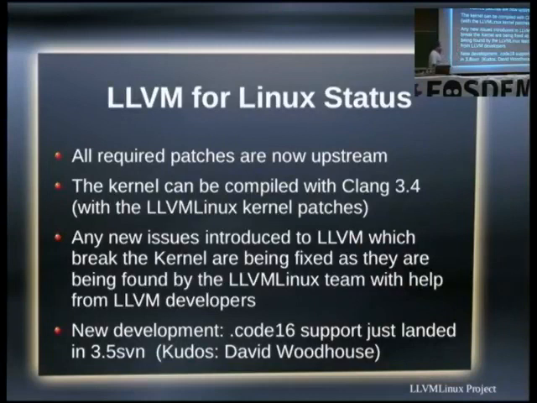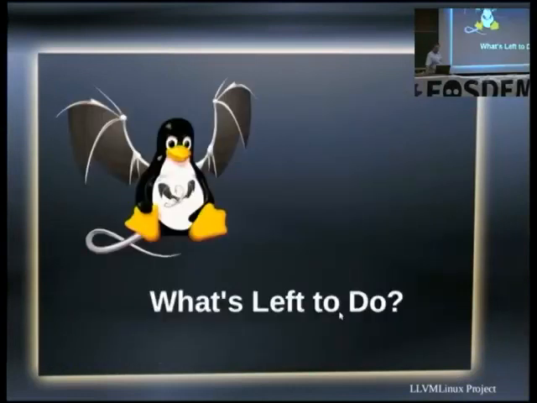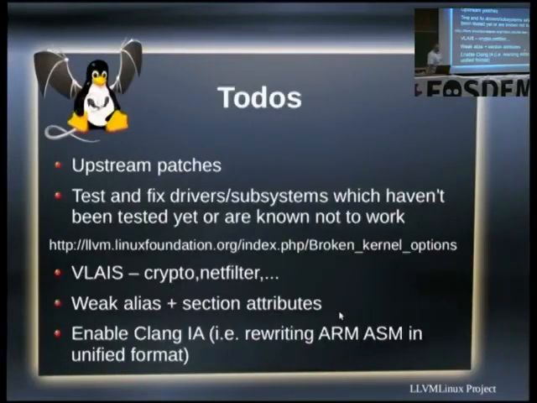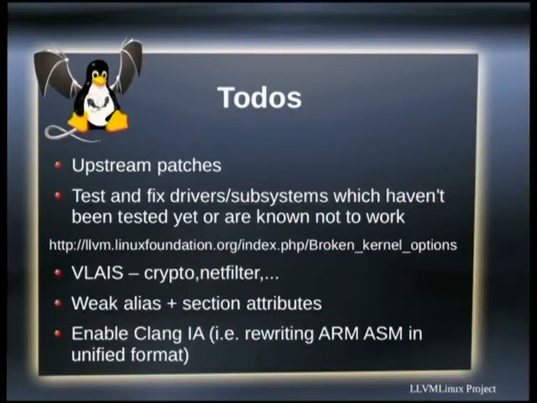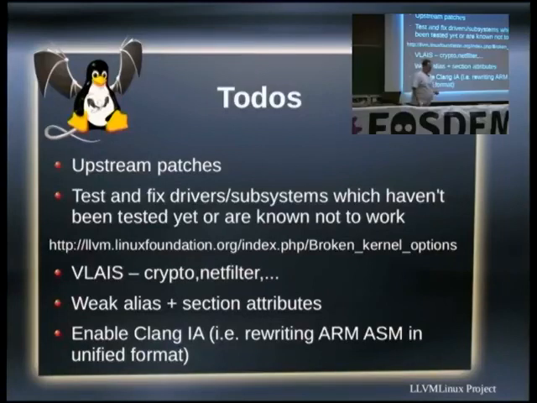One big thing here, which is in the kernel, is that we still have to upstream a lot of kernel patches. Some are small, some are just enabling other compilers to work with the kernel.